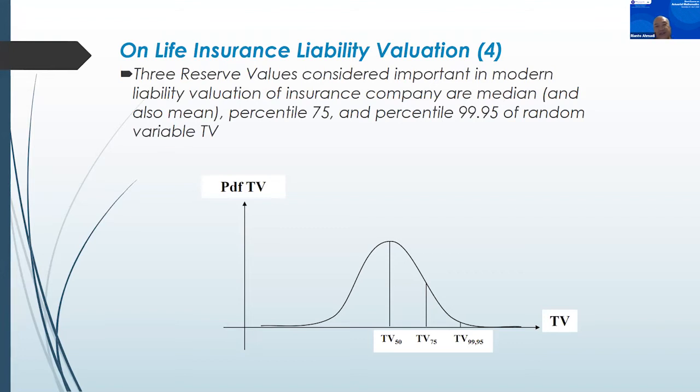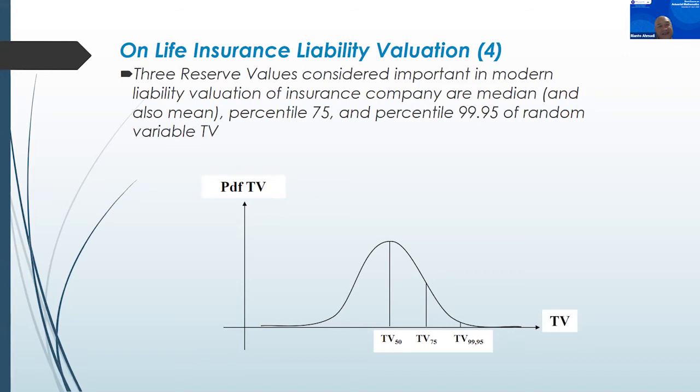Well, it depends. In Indonesia, the regulation requires companies to put the 75th percentile in the balance sheet. And not just that, the company will need to have what they call RBC, risk-based capital provision, equal to basically the difference between the 99.95th percentile and the 75th percentile.